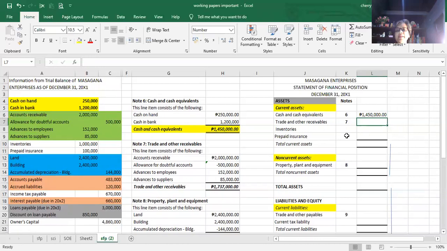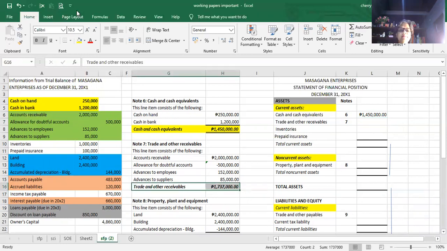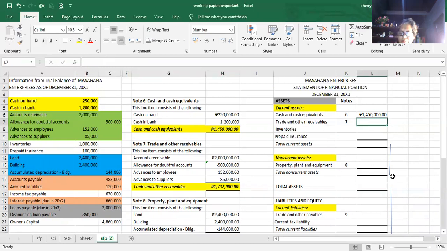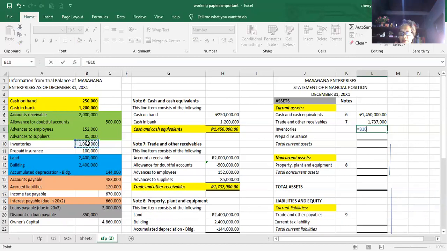And then trade and other receivables per our note 7. Okay, so we have 1,737,000. How about inventories in our data? We're going to call it also. So inventory is 1 million.